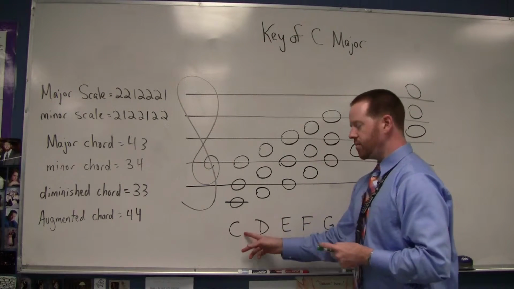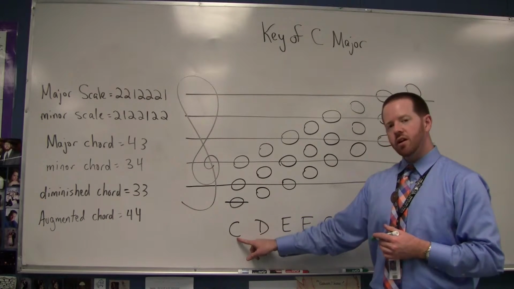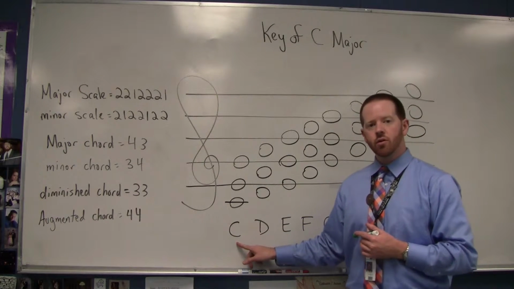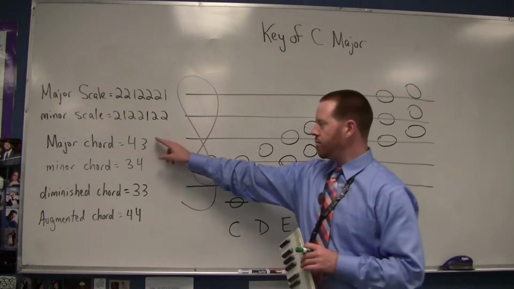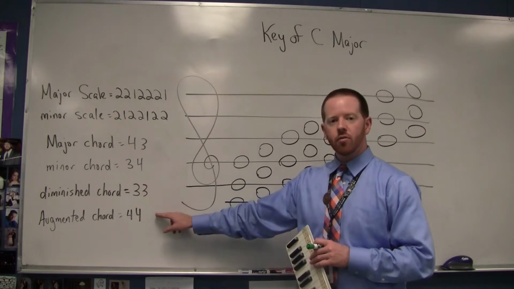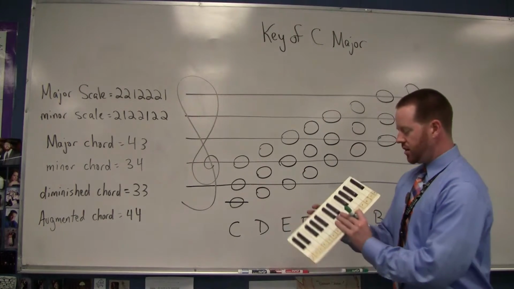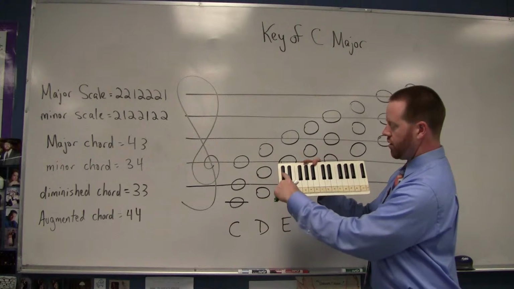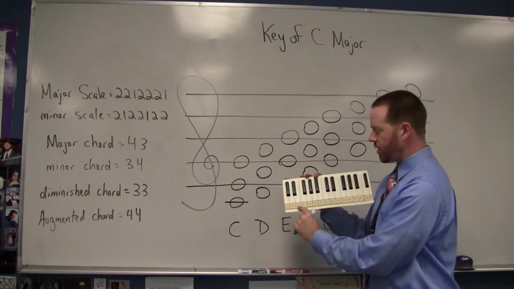In order to name this chord, we have to look at the relationship of the notes. So it starts on C, so it will be some type of C chord. In order to know what type of C chord, either major, minor, diminished, or augmented, we need to measure between the notes. So from C to E, there's 1, 2, 3, 4, a distance of 4.